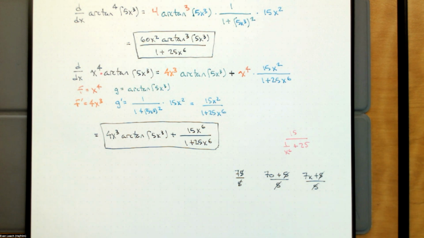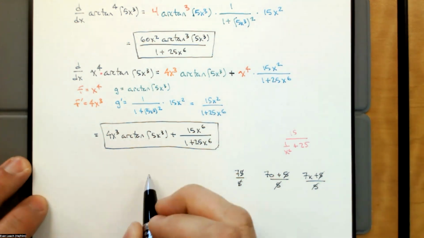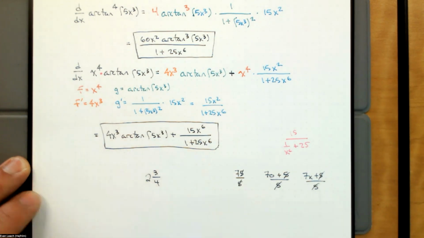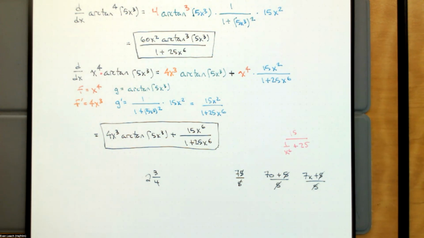Sometimes we write things in a kind of messed up way. Like the number 2 3/4. This is really annoying. Because normally when we take two numbers and jam them together, what are we doing with those numbers? We're multiplying, right? So if I put 5x, that means 5 times x. But if I take a whole number and jam it up next to a fraction, now what operation are we talking about?